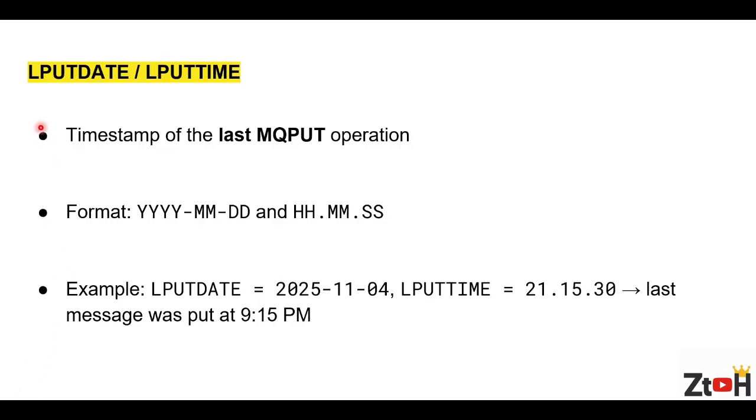Now let's see what is LPUT date or LPUT time. It is the timestamp of the last MQPUT operation, in the format YYYY for year, MM for month, DD for date, and HH for hour, MM for minutes, SS for seconds. This is the example for LPUT date.